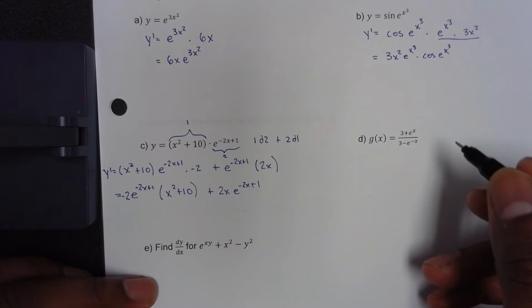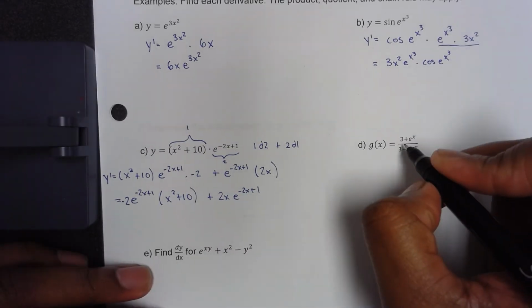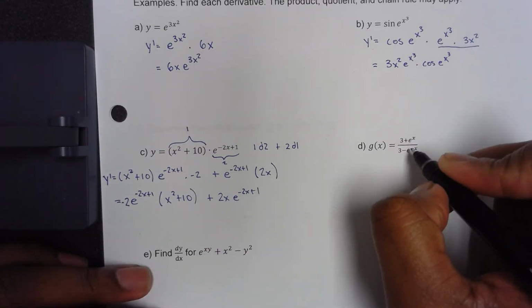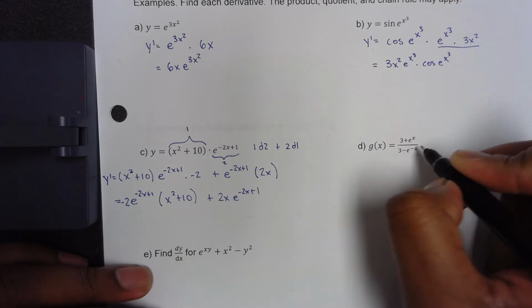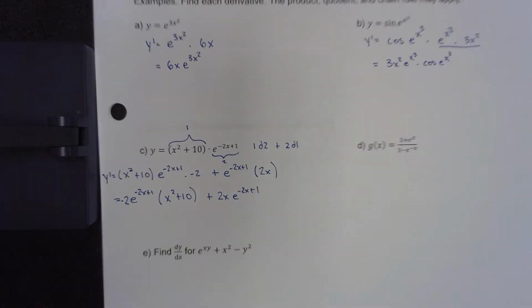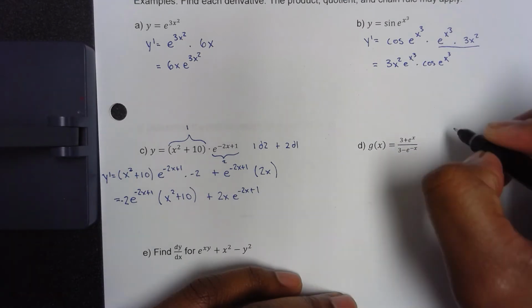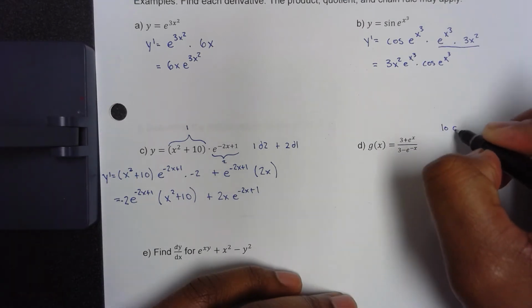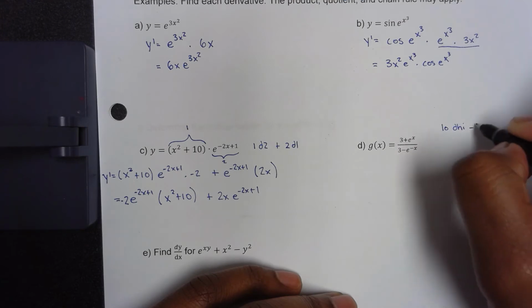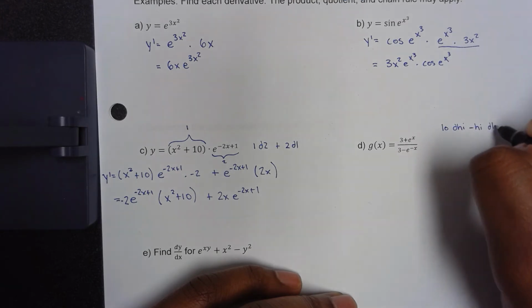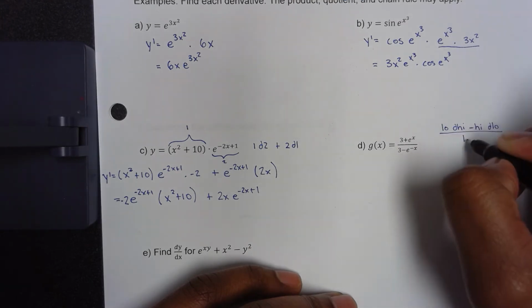Letter D, we have 3 plus e to the x divided by 3 minus e to the negative x. This is a situation for which we would need the quotient rule. So remember, quotient rule is low d high minus high d low over low squared.